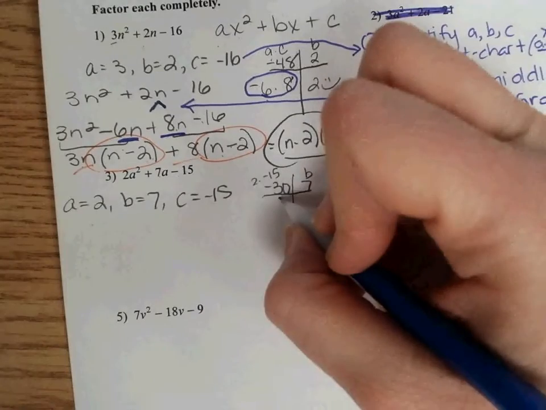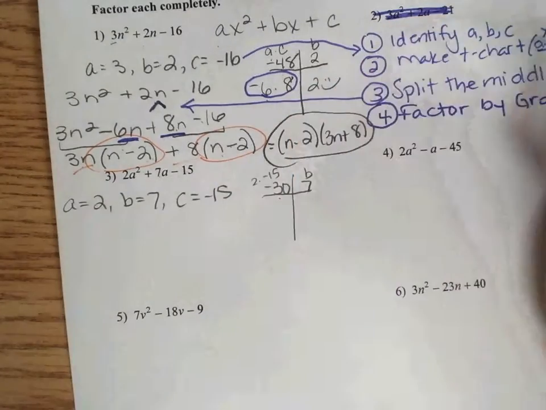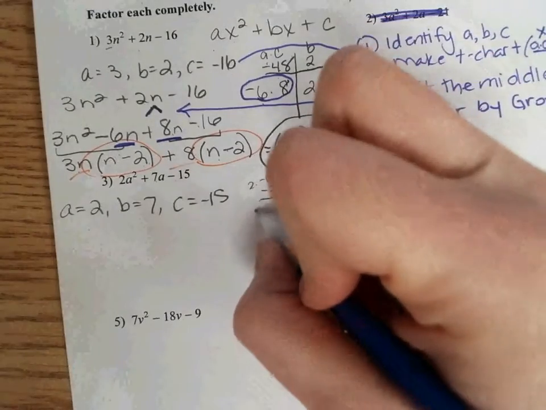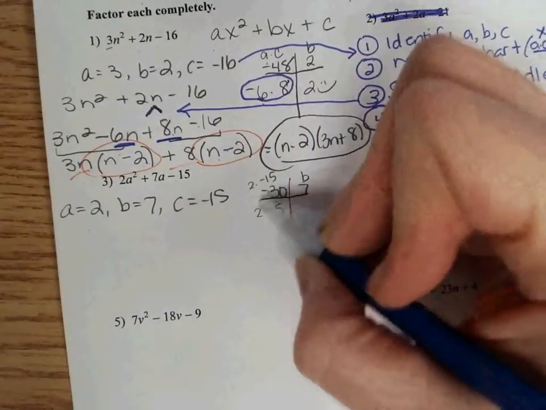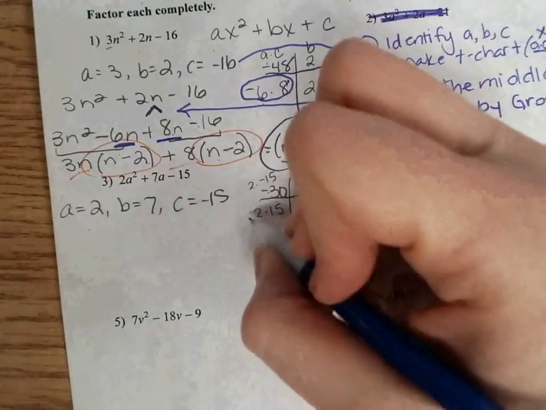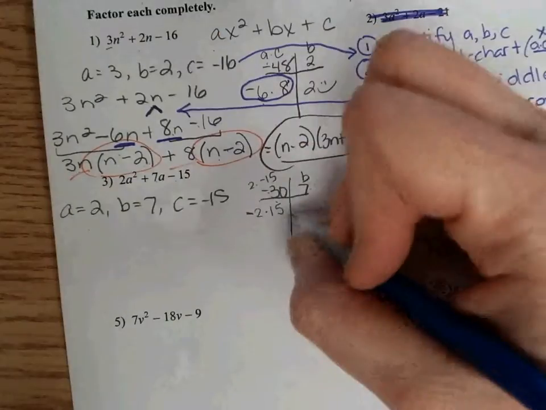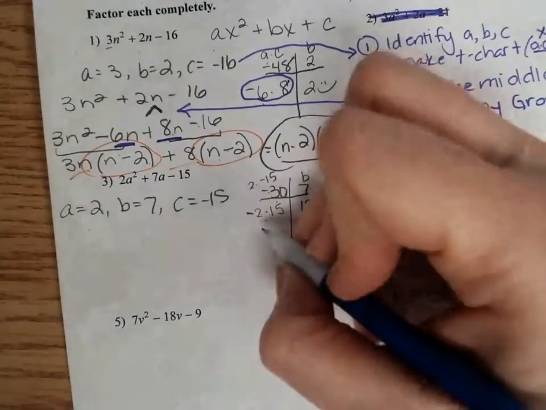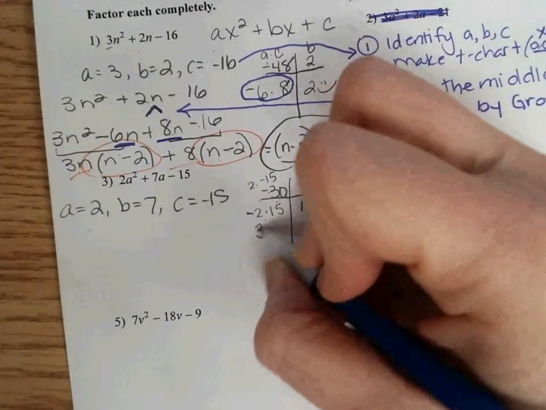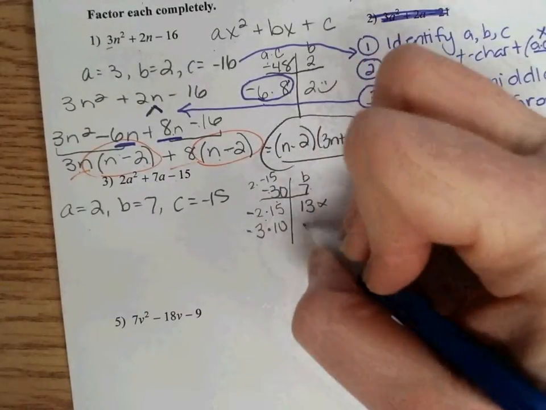So 2 numbers that multiply to get negative 30, what comes to mind? Maybe a 2 and a 15. Again, this is negative, so one of these has to be negative, but they add to get a positive, so that means the smaller has to be negative. Negative 2 and 15 is 13. Didn't work. Okay, so let's say 3 and 10. So let's go negative 3 and 10.